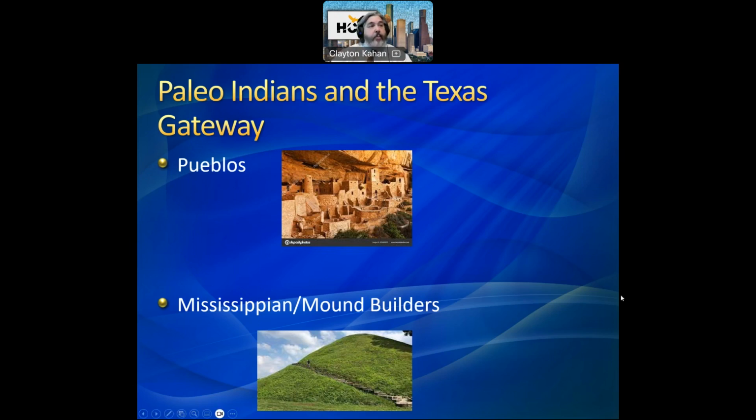They were people who built massive structures that were called pueblos. These are the thing I'm circling here with the cursor on the screen. Those structures that are built right into the mountains are called pueblos, hence the term Pueblo peoples.